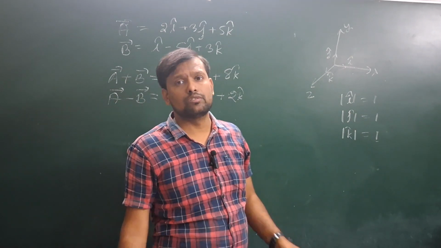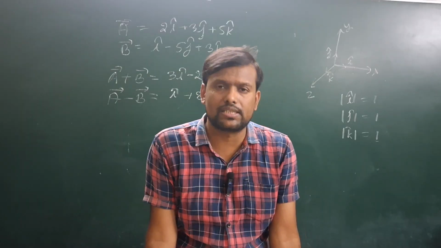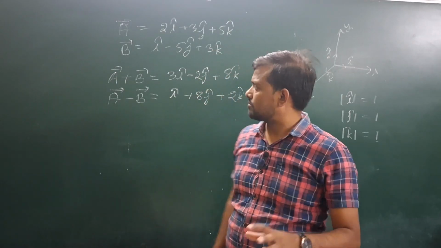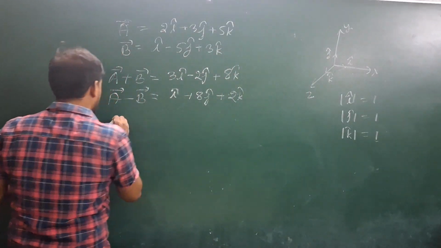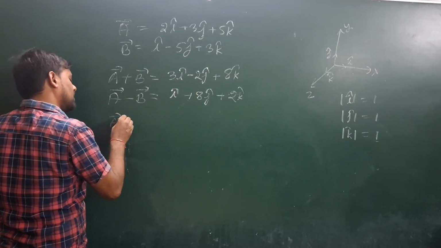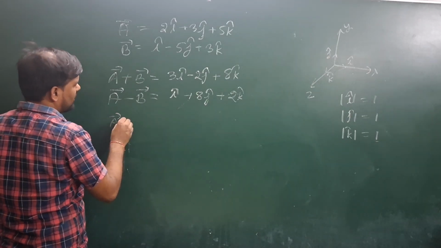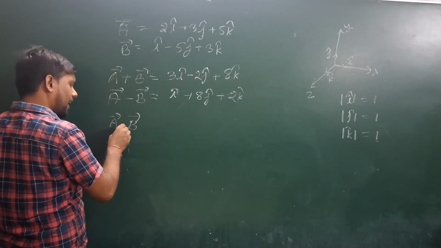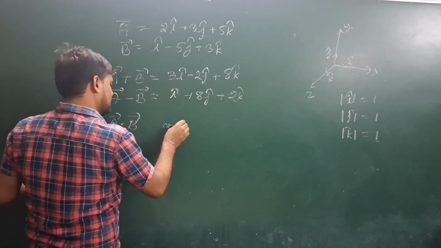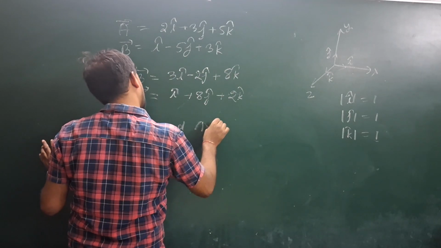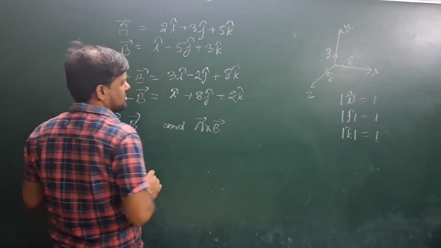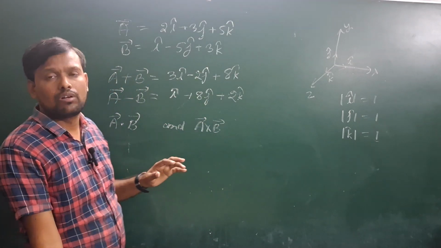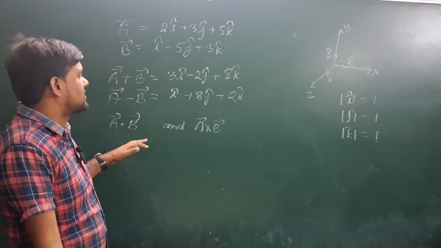Similarly, if you want the product of these vectors, vector A and vector B, it is denoted in two ways, A dot B and A cross B. This is important for class 11 and also for competition examinations.